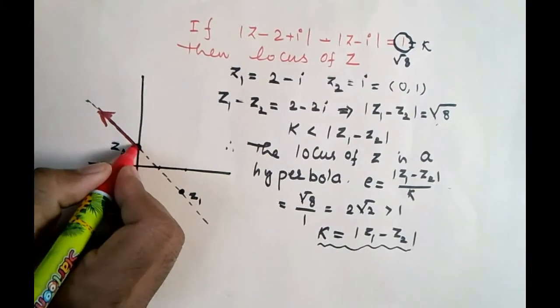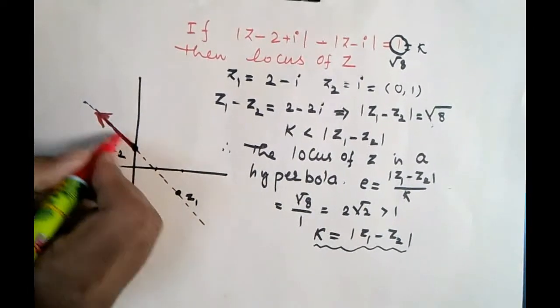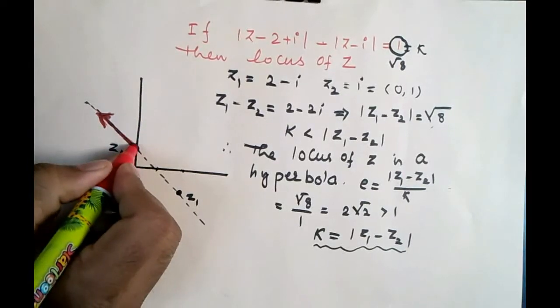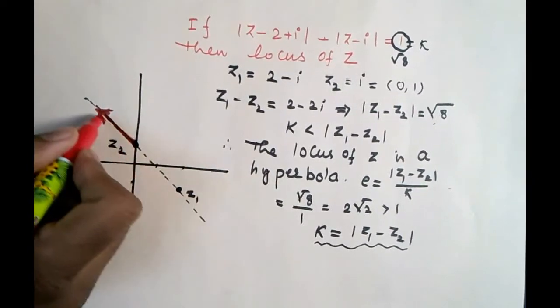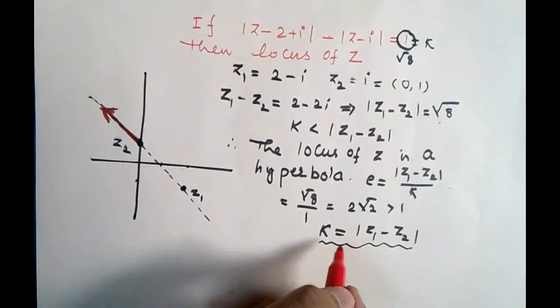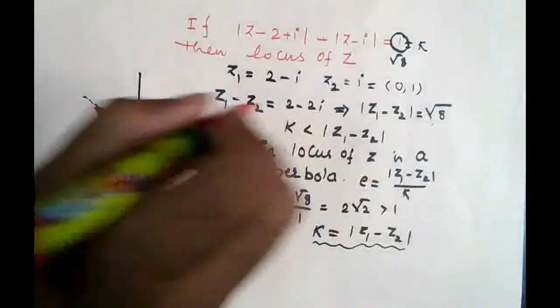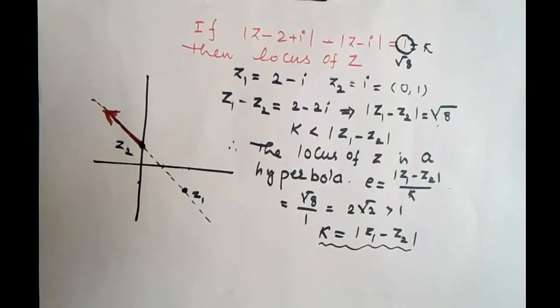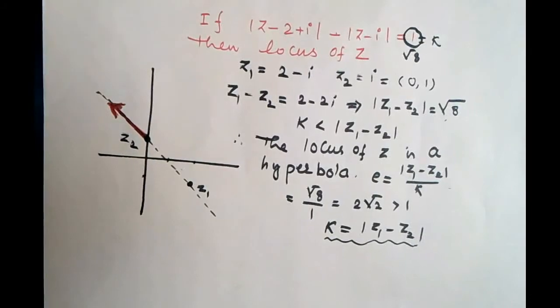So that is the locus of Z, this portion. This is the ray starting from Z2 moving in the direction of Z1 Z2. That is the locus of Z whenever K equals modulus of Z1 minus Z2. Now you solve some more problems on the same concept.